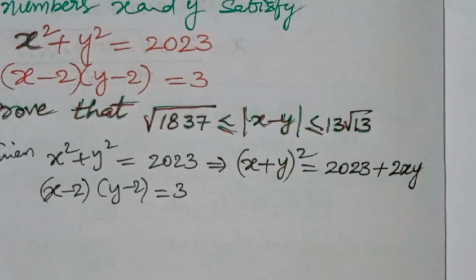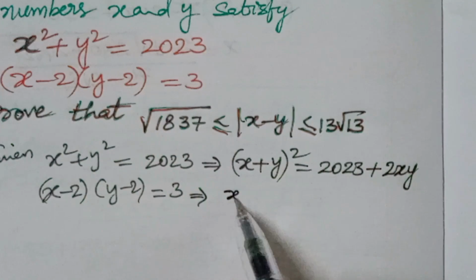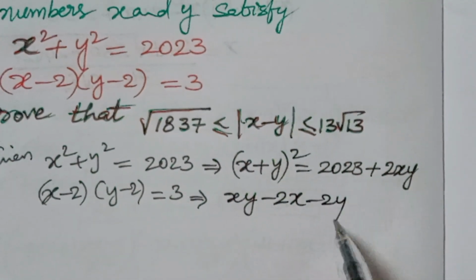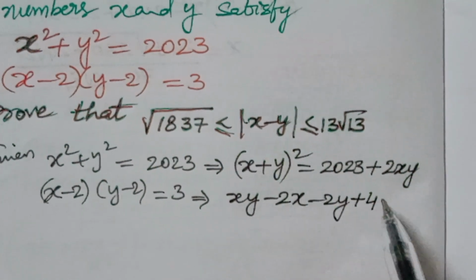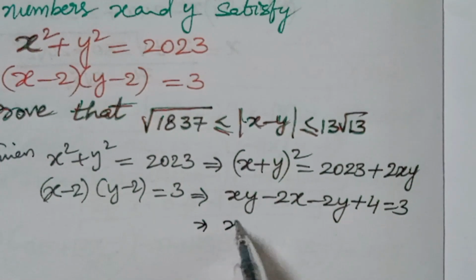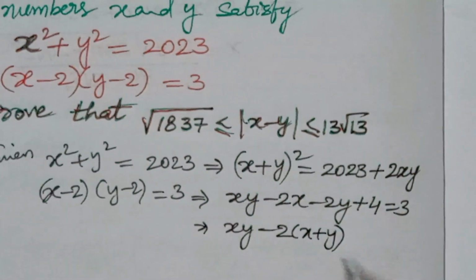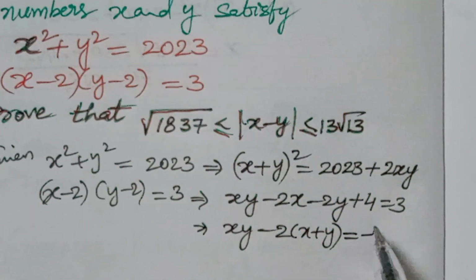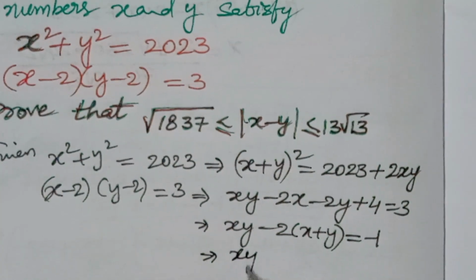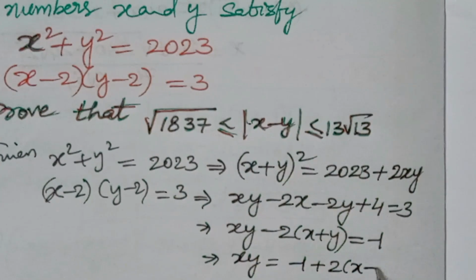Now if you take the second one and do the product, xy minus 2x minus 2y plus 4 is equal to 3. So xy minus 2(x plus y) is equal to minus 1. Now from this you can write xy is equal to minus 1 plus 2(x plus y).